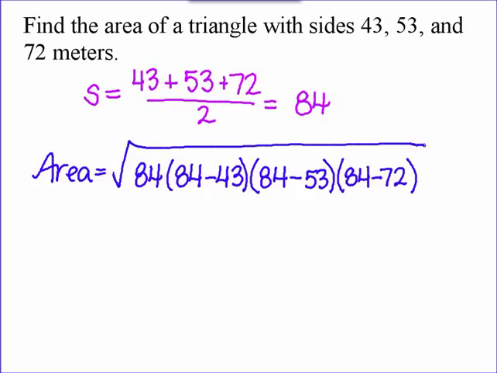If you're doing this as one long problem on your calculator, you need to make sure you have parentheses around the whole thing. I simplify these individually, so I know that this is 41, this is 31, and this is 12. Then I'm just going to take the square root of 84 times 41 times 31 times 12. But you can do whatever you want.